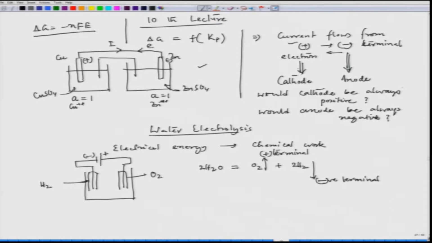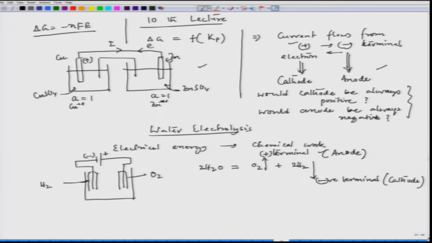So, from this concept, I should see that the cathode should be the positive terminal, but actually the cathode is here, this is cathode and this is anode. Why is this different?